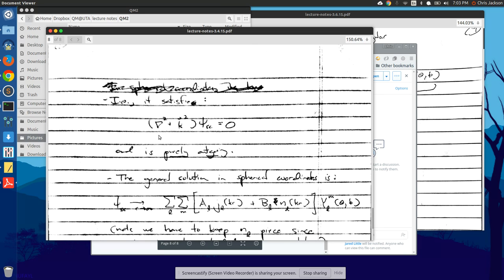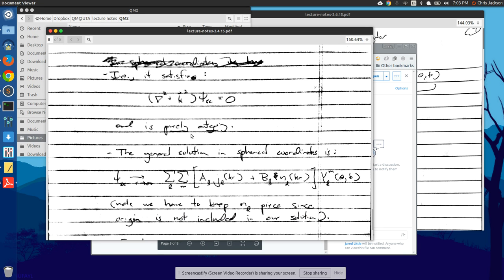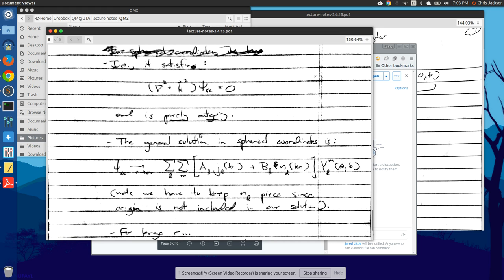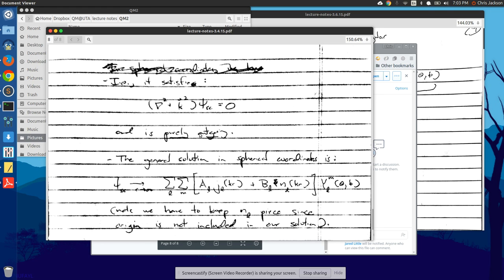So very far away, it's going to satisfy the normal wave equation. And just by using our physical intuition, we know it's going to be purely outgoing. Okay, so that means we're dealing with a spherical wave that's purely outgoing. We'll deal with that in a second.